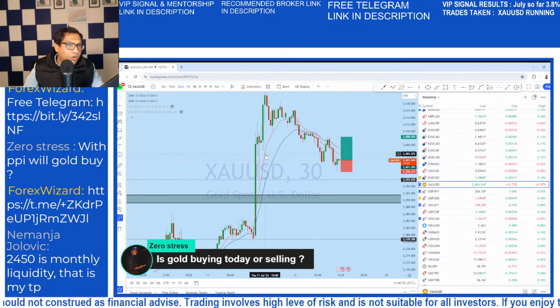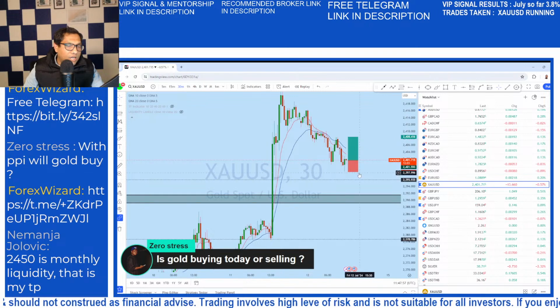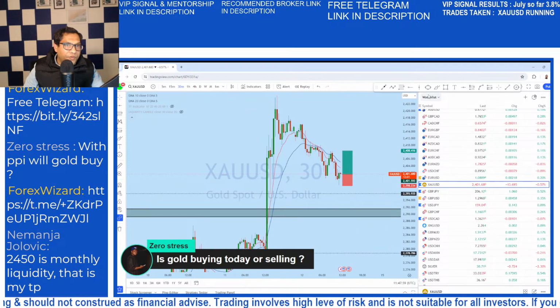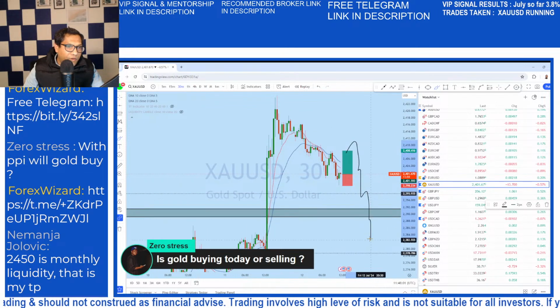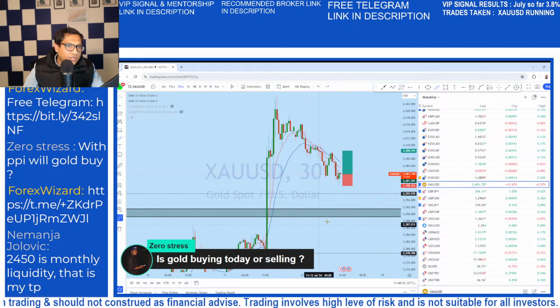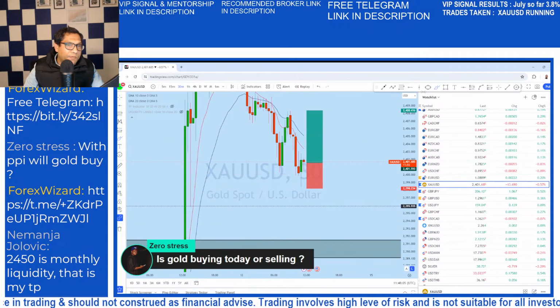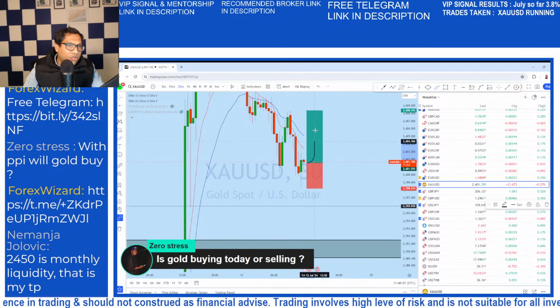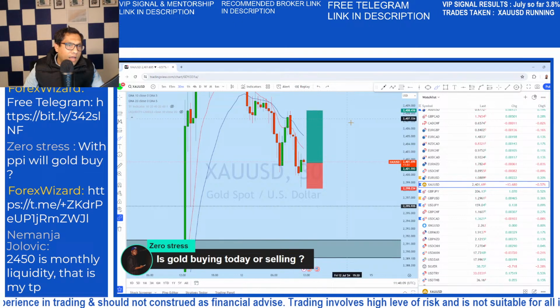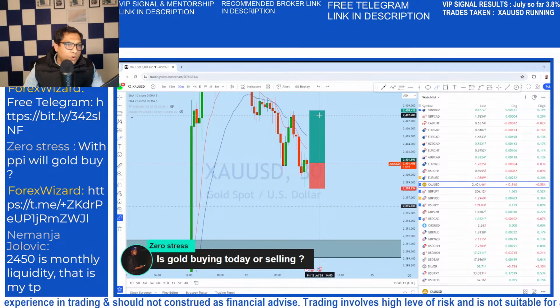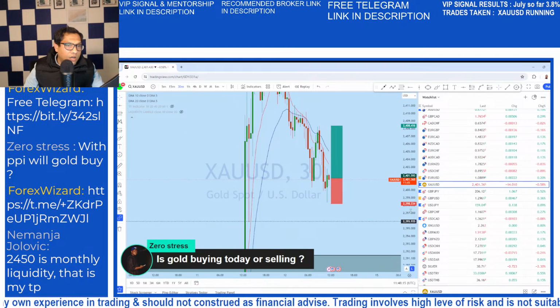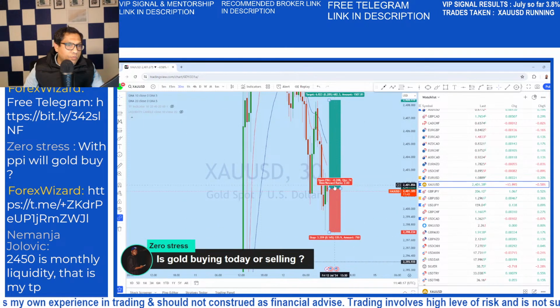The market is on a level where there is high liquidity. Even if it wants to drop further to this support level, what I'm expecting on gold is for the price to go up and then go back to the resistance line again, which I'm expecting to break to the upside.